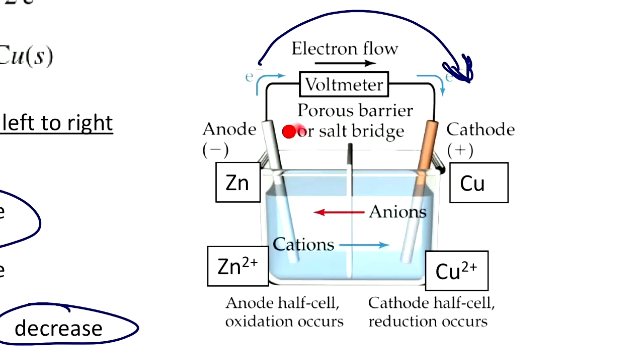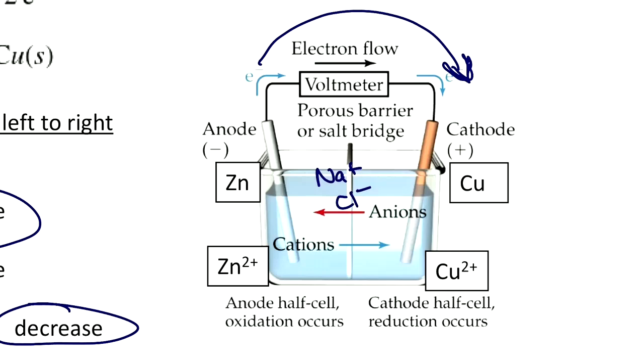So here's our anode compartment, our cathode compartment. They are separated by this salt bridge. So this porous membrane doesn't allow electrons to flow through, but instead it allows anions and cations to flow through. What I mean is things like sodium plus and chloride minus.